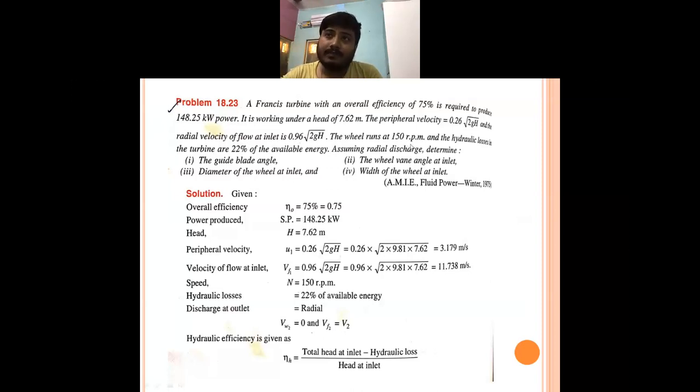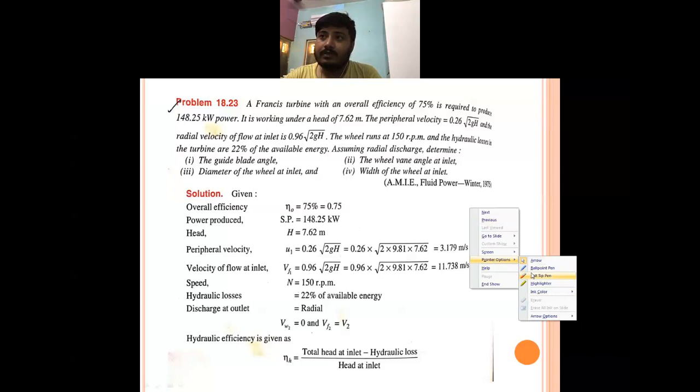The wheel runs at 150 rpm, and the hydraulic losses in the turbine are 22% of the available energy. Assuming radial discharge, determine the guide blade angle, the wheel vane angle at inlet, diameter of the wheel at inlet, and width of the wheel at inlet. So let us solve the problem.